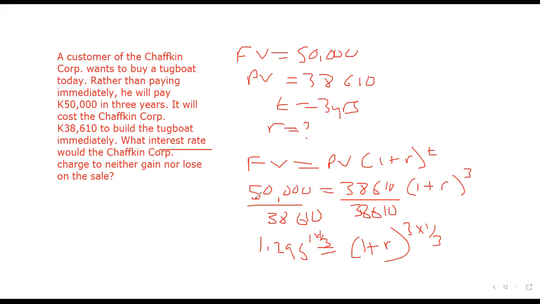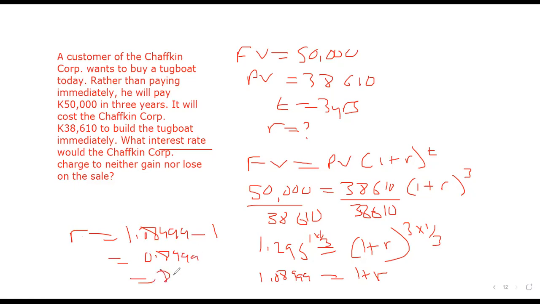So meaning here we're going to have 1.0899 equal to 1 plus R. So when this 1 goes inside to subtract, R is equal to 1.0899 minus 1, which will be 0.0899, which is 8.99%. Or to the nearest, our interest rate is 9%. So it will require an interest rate of 9% to neither gain nor lose on that amount.